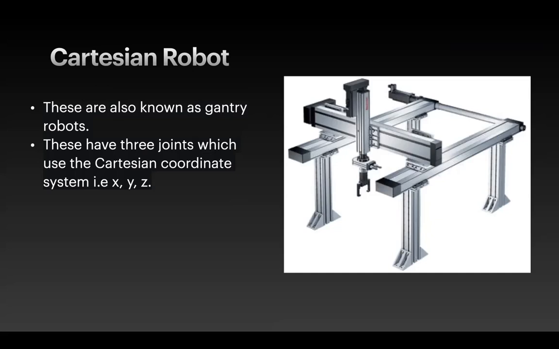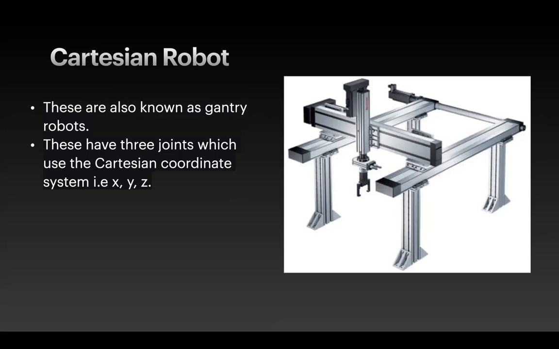This Cartesian robot has 3 joints which use Cartesian coordinates. Like when we draw graphs, X and Y graphs, and then there's another axis which is called Z. So left, right, and up and down. When you keep your hand like this, you can see this is one direction, this is another direction, and this is another direction.